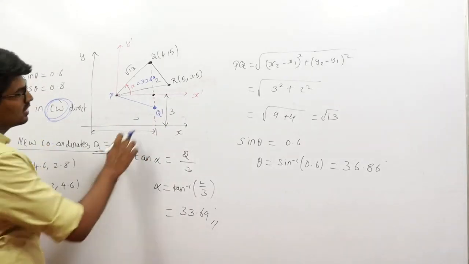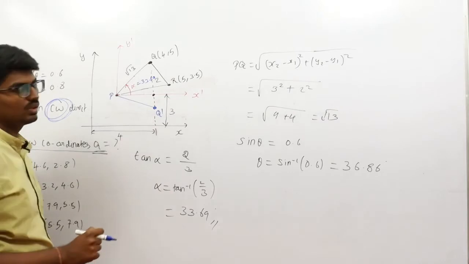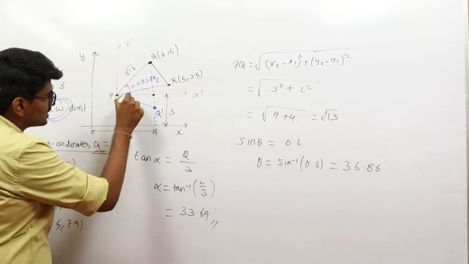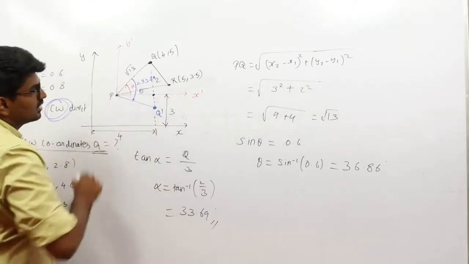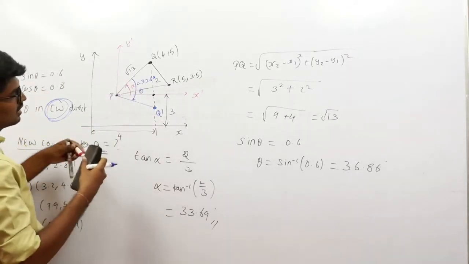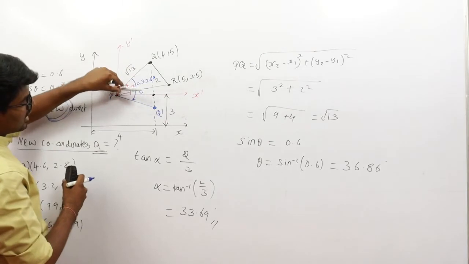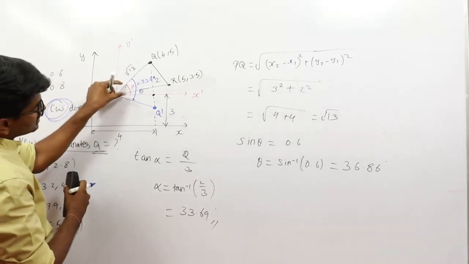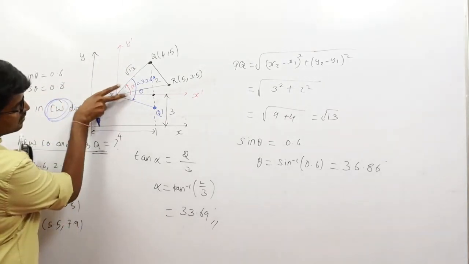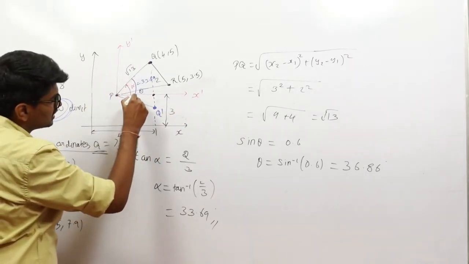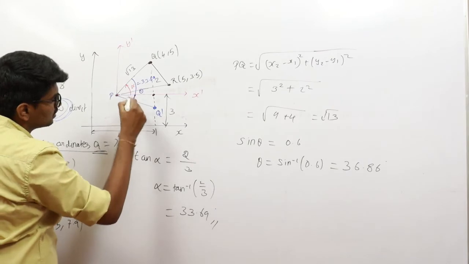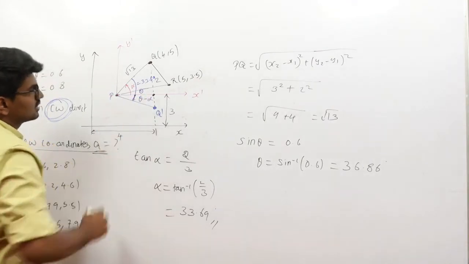This is our new PQ dash. I am going to take it as Q dash because that is our new Q, the new coordinate. And what about this angle? Now I am rotating PQ by an angle of theta, and this is alpha, the angle between horizontal and PQ. So this new angle is going to be theta minus alpha.